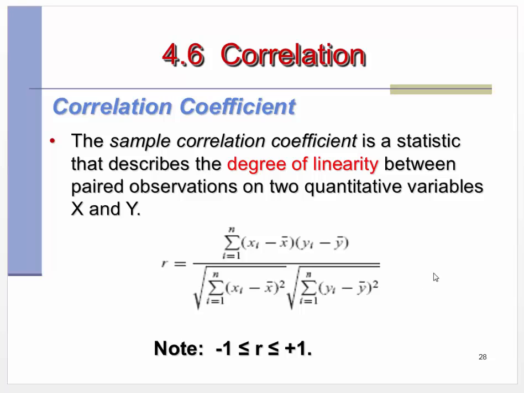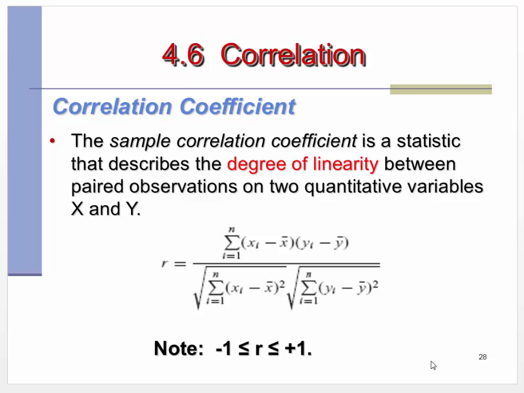Now let's define a new term called the correlation coefficient. We're not getting into details as to what this means and how to do the mathematical operation. Let's just show the definition. The sample correlation coefficient is a statistic that describes the degree of linearity between paired observations on 2 quantitative variables, x and y.